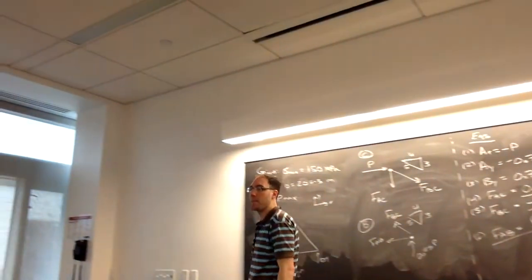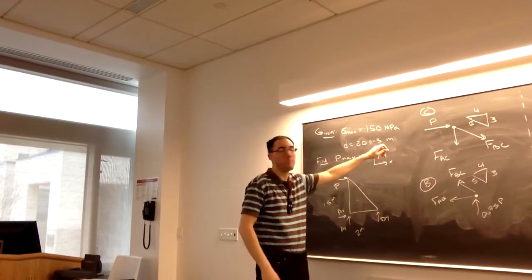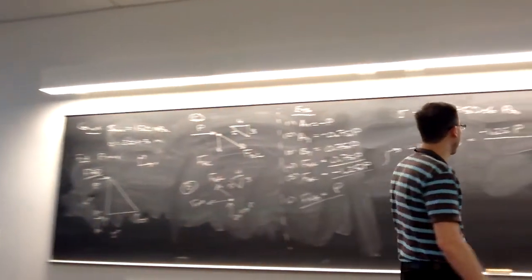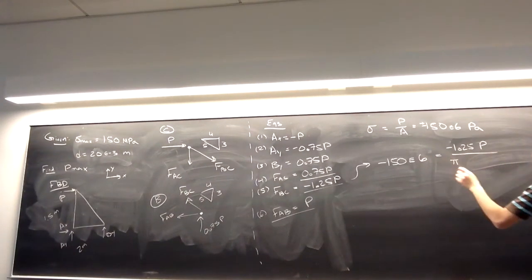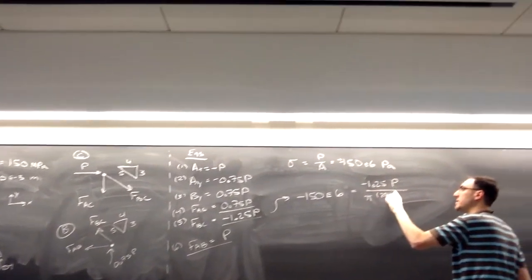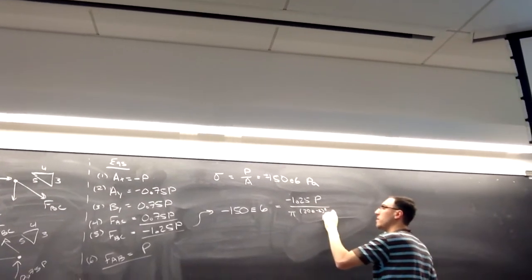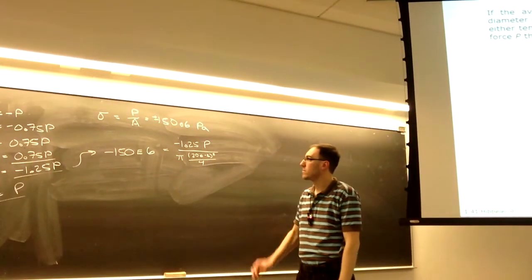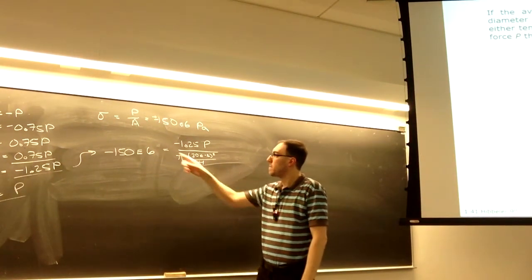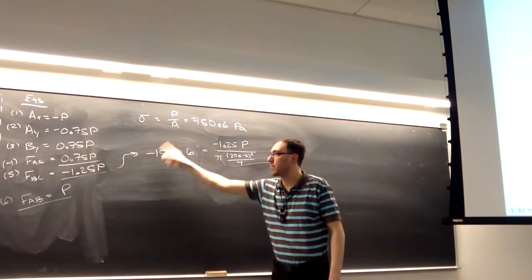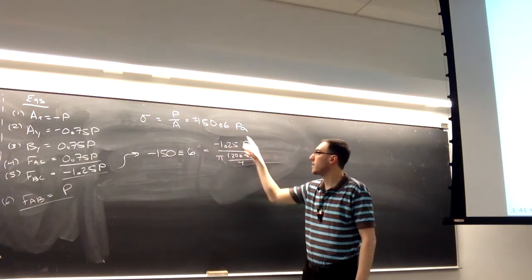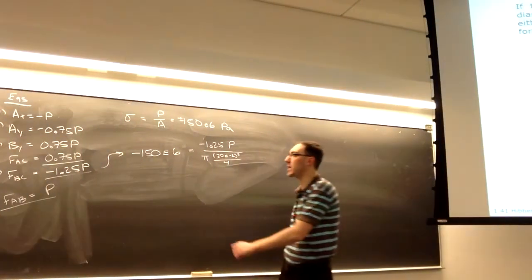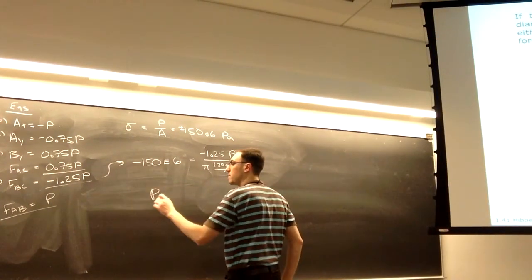We were told they have a diameter of 20 times 10 to the negative third meters. That came from 20 millimeters. So the cross-sectional area we're going to test is pi times 20 times 10 to the negative third squared over 4. This is negative because the force told us it's in compression. We will get a positive value of P out of this procedure.